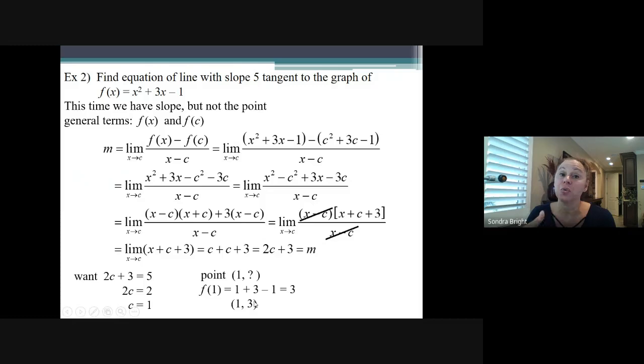They want the equation of the line, so I'm going to use point slope form. y minus y1 equals m times x minus x1. And so it's y minus 3, your y1, equals 5, the slope m, times x minus x1. And so there's your equation of the tangent line to this parabola that has a slope of 5.